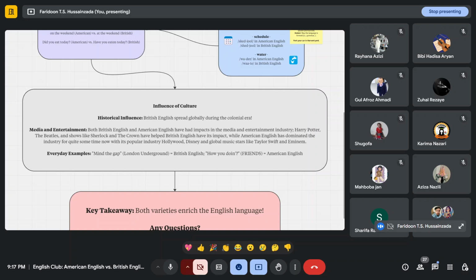So the American people learned English from the British people of the past. They learned how to pronounce English the way the British people of the past did.